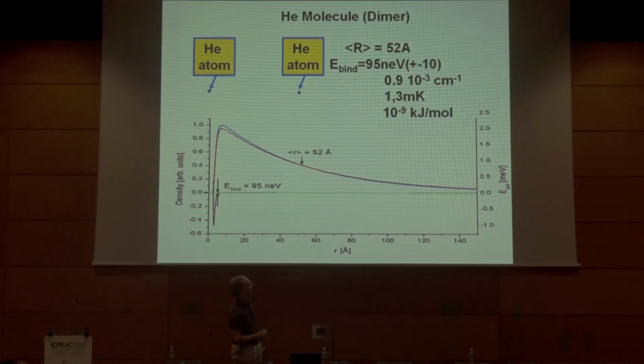Here are the numbers if you are a chemist, that's in kilojoule per mole. And this thing here is now to scale. So they are so far apart that if you would stretch a DNA, you could actually slide a DNA through that dimer. There are 2 calculations in here which differ.